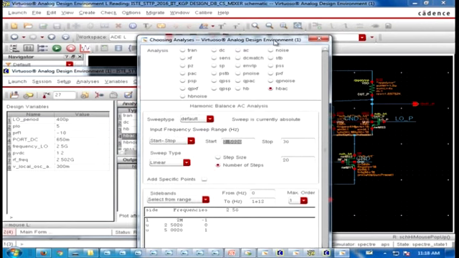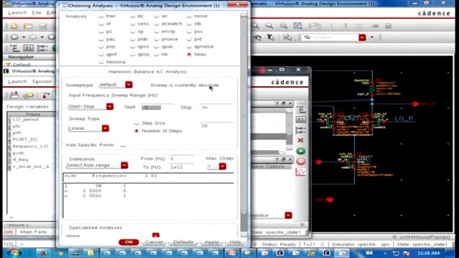And for harmonic balance analysis, this is actually an AC analysis. This is called harmonic balance AC analysis. It is basically AC analysis, but not exactly like a linear AC analysis. In AC analysis, generally what do you do?